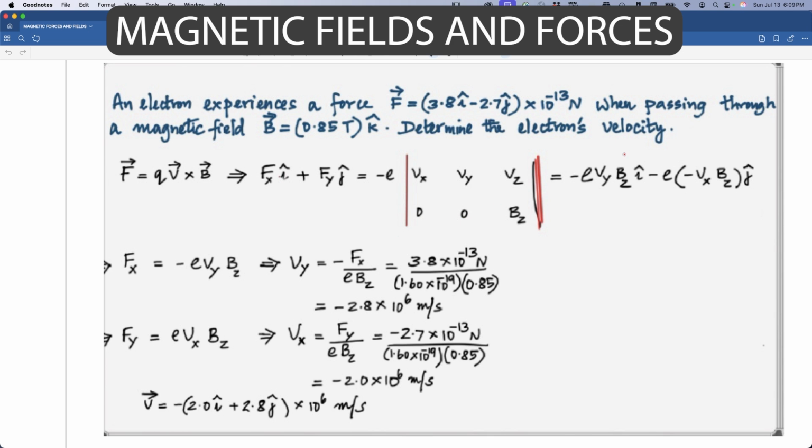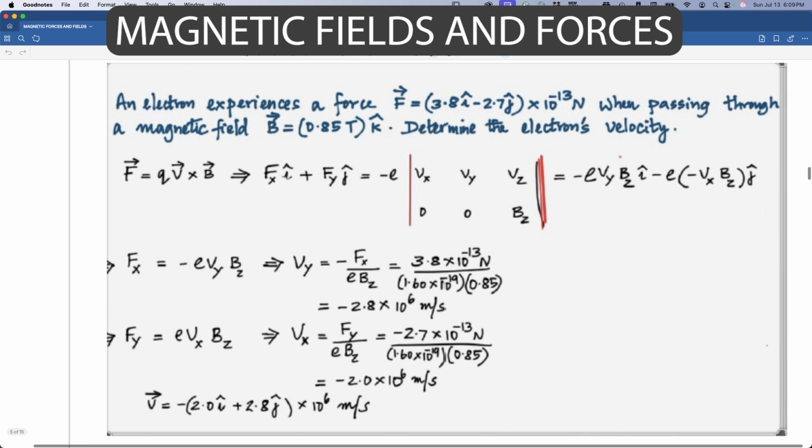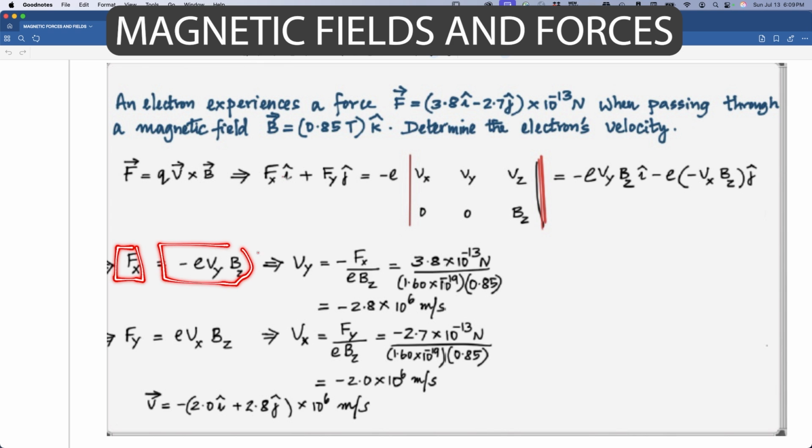And then you do it, and after you do it, you can put the coefficients of like terms equal to each other. So the coefficient of i here is that, and the coefficient of i on this side is that. That's why I have put F sub x is equal to that. And then from there you can rearrange, make the subject B sub y, and then get the answer.